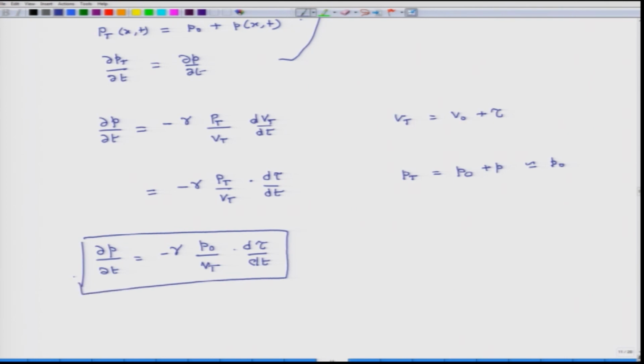So, this is my process equation. This is my process equation, and this is based on the adiabatic gas law.